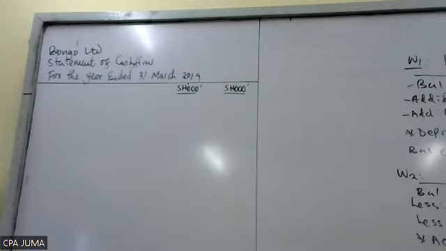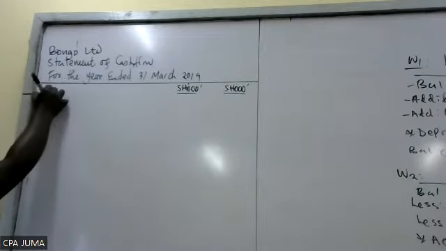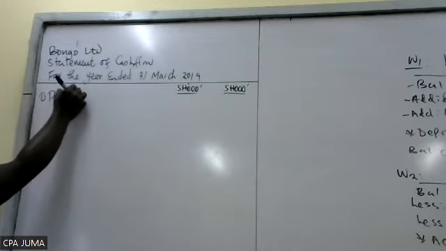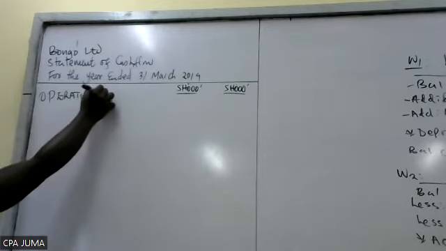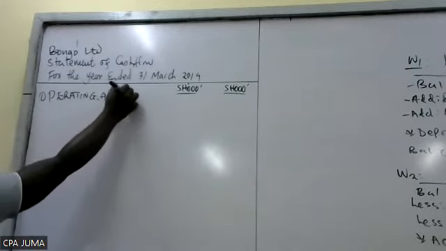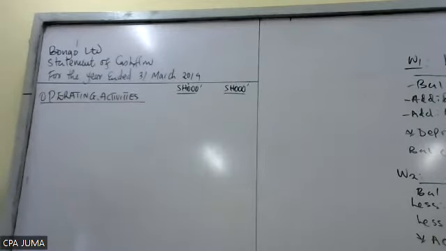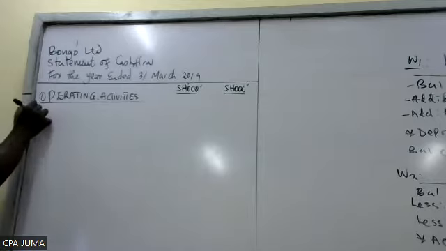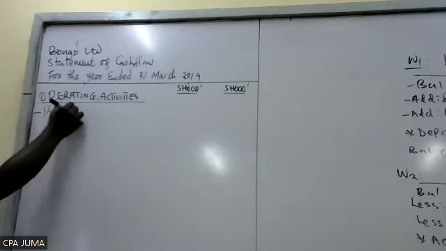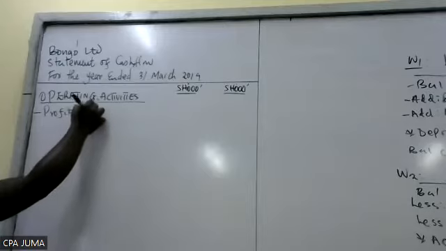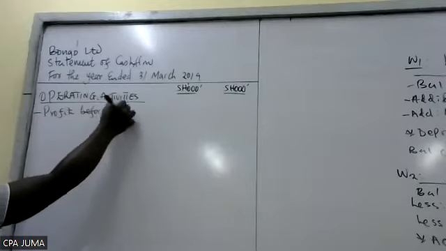So, operating activities. We start with which profit? Profit before tax. Profit before tax.